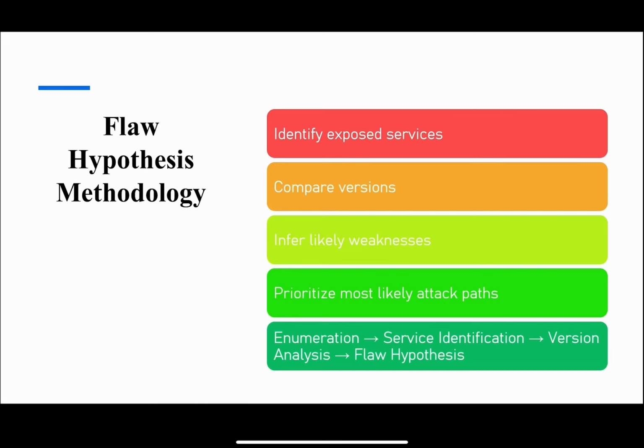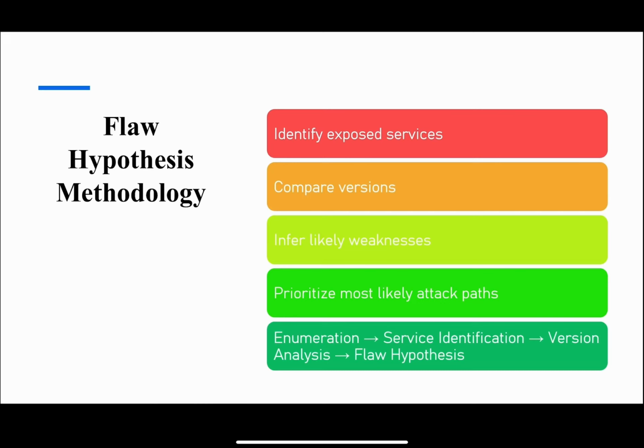The flaw hypothesis methodology is the process of using scan results, services, versions, and observed system details to form a logical guess about likely weaknesses in a target system. It starts by identifying open ports, exposed services, and outdated versions. Those findings are then compared to known vulnerability patterns and risky legacy technologies.